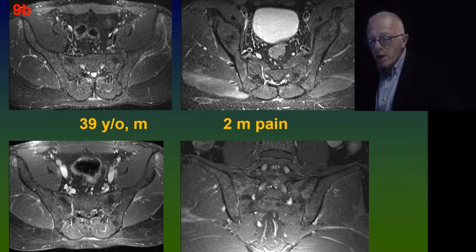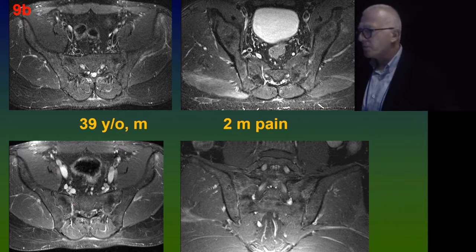And this is perhaps a more difficult case because the edema is very tiny. Can you see any edema here at all? Perhaps a small area here and here. But we have extensive enthesopathy here in the gluteus tendon insertion.